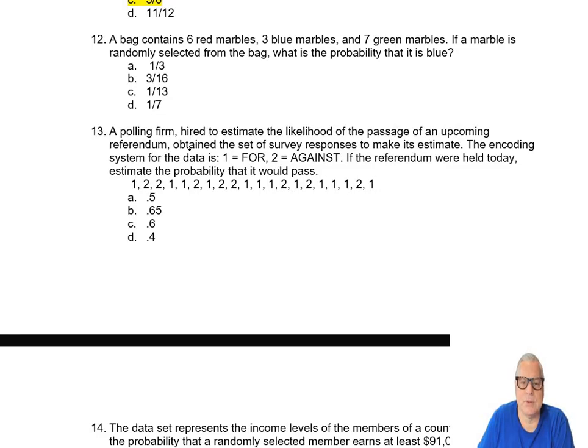Okay, so there are a total of 16 marbles. If a marble is randomly selected from the bag, what's the probability that it's blue? Well, that's 3. There are only 3, but there are a total of 16, 3 over 16.